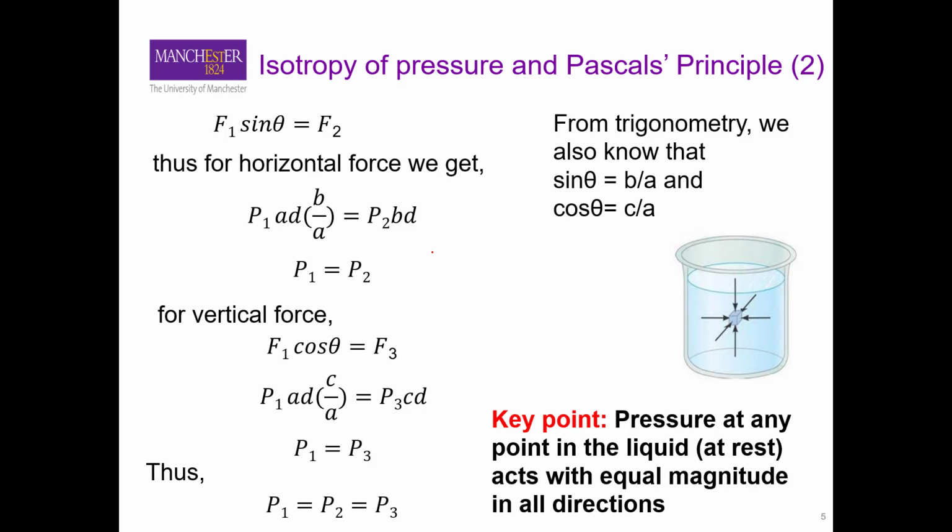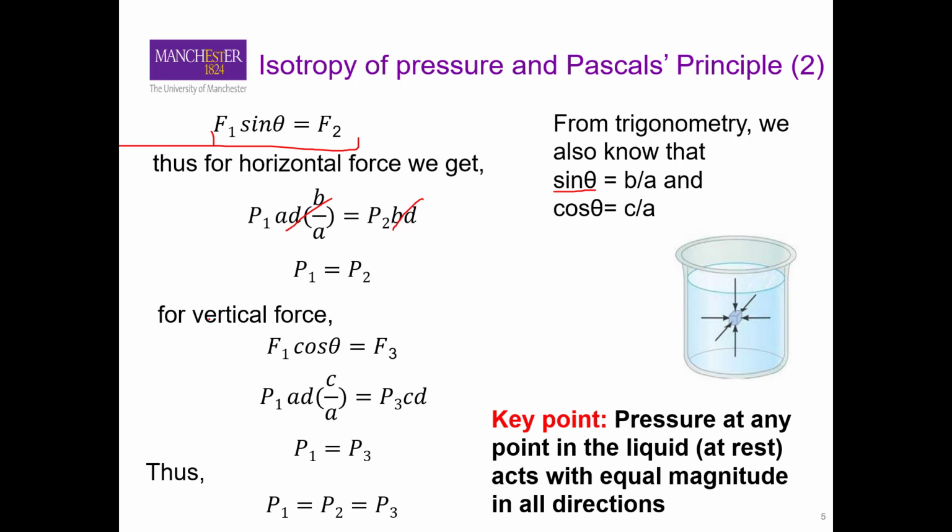And from trigonometry, we know that we can write sine theta for a triangle as the vertical dimension over its diagonal dimension. So we can simplify this equation further: F1, that can be written as P1 AD, and then sine theta as B over A, should be equal to P2 BD. And we can cancel out this BD term on both sides, so we have P1 is equal to P2.